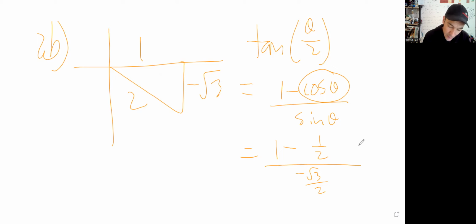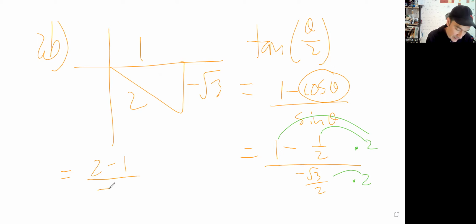But if you want to do a little bit of work, we could multiply top and bottom by 2 and distribute. If you distribute 2 on the top, that would be 2 minus 1 over negative square root 3. And actually, we could have just subtracted 1 minus 1/2.